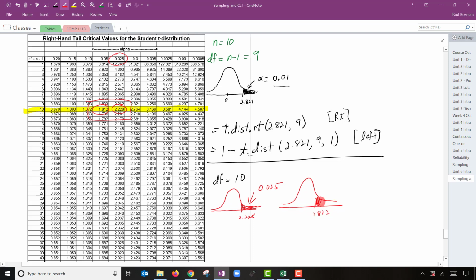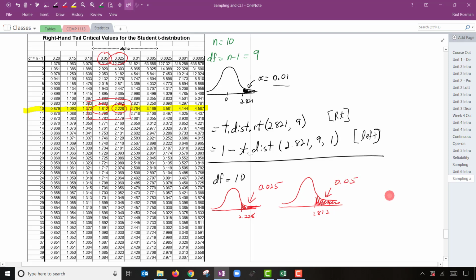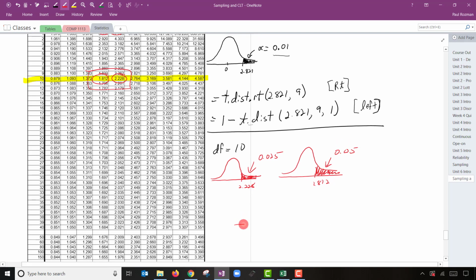Or if I use the other number, 1.812, the area to the right of that is in the table, 5%. The number that we're trying to solve for is pretty close to this one. Let's not interpolate. What was our number? 2.21.